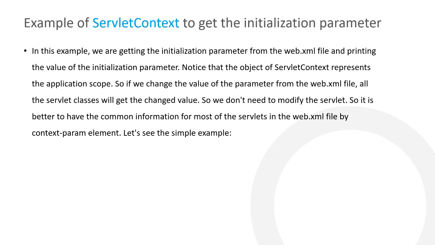So if we change the value of the parameter in the web.xml file, all the servlet classes will get the changed value. So we don't need to modify the servlet. So it is better to have the common information for most of the servlets in the web.xml file by the context-param element. Let's see the simple example.